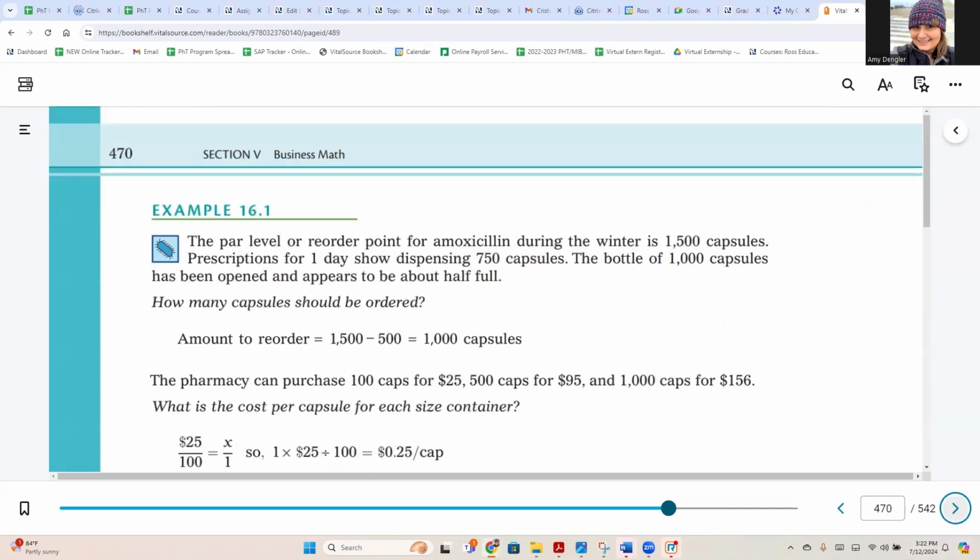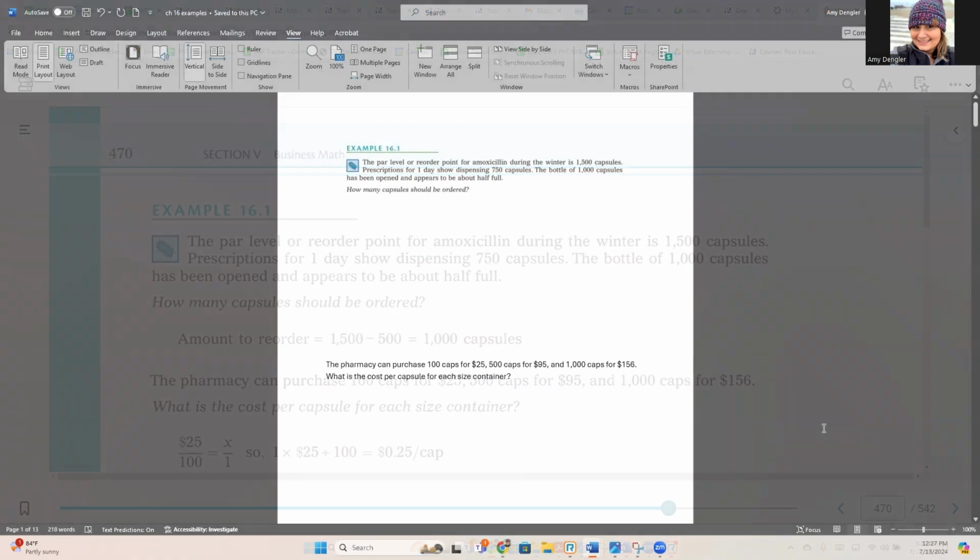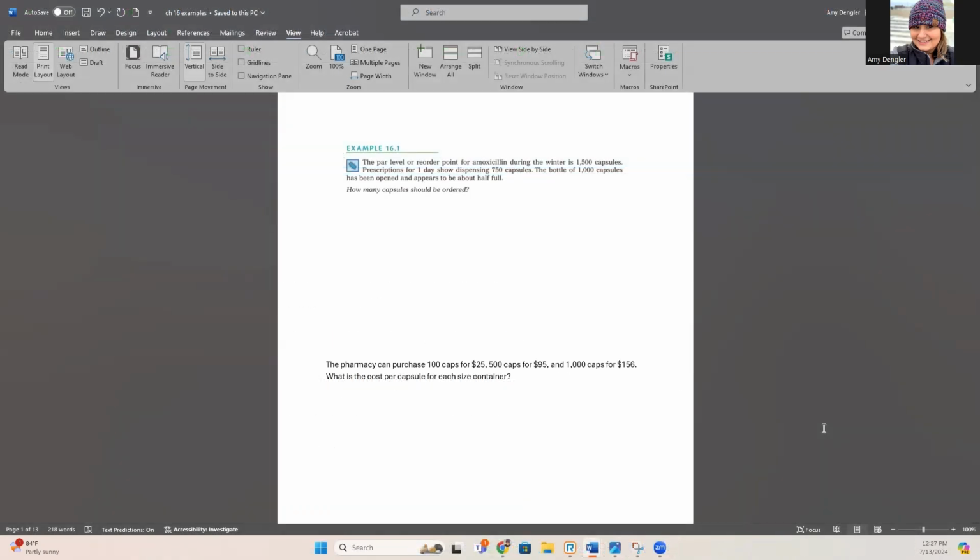And let's do example 16.1. The par level or reorder point for amoxicillin during the winter is 1,500 capsules. Prescriptions for one day show dispensing 750 capsules. The bottle of 1,000 capsules has been opened and appears to be about half full.